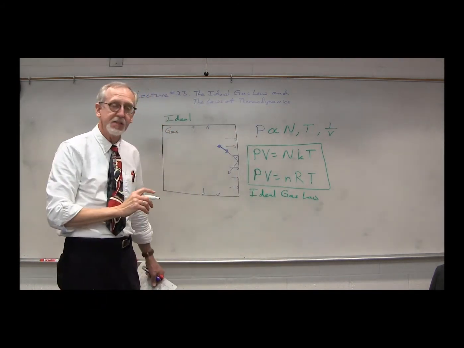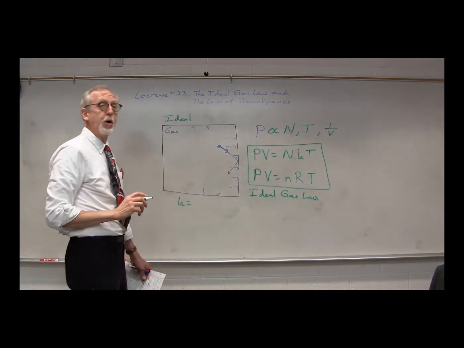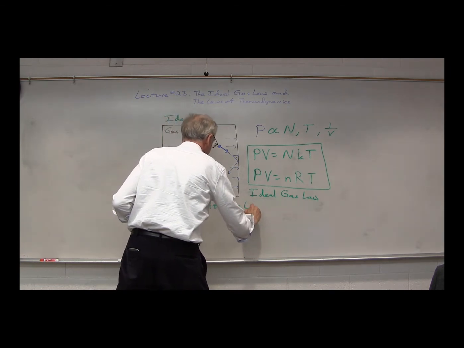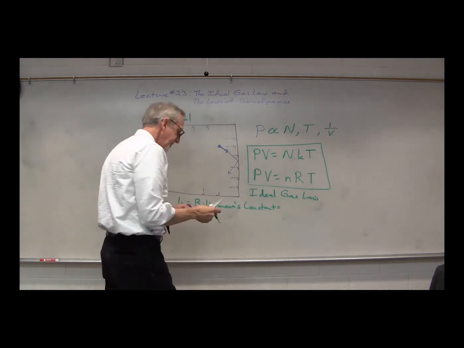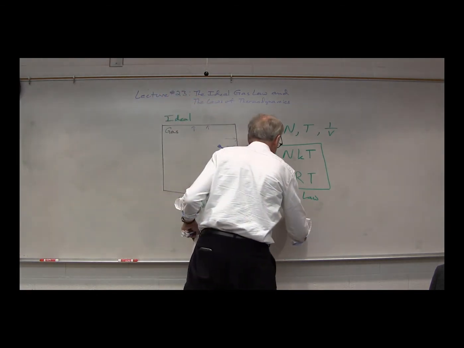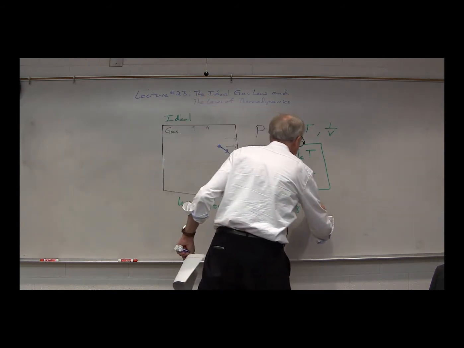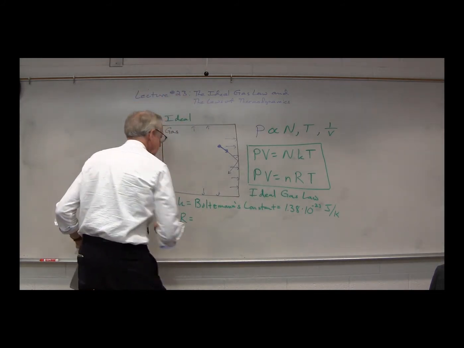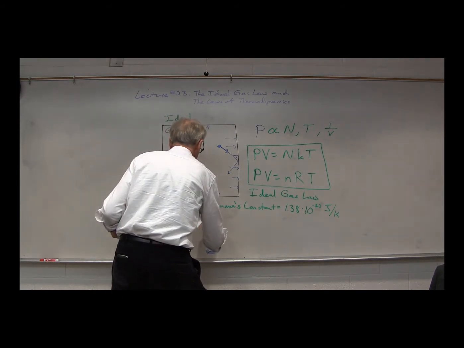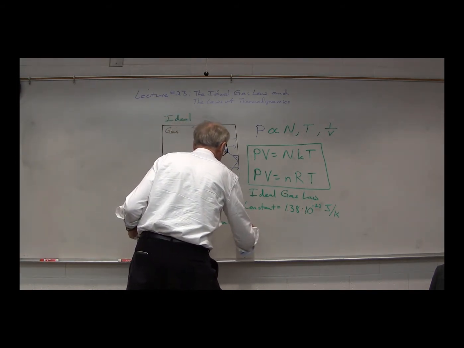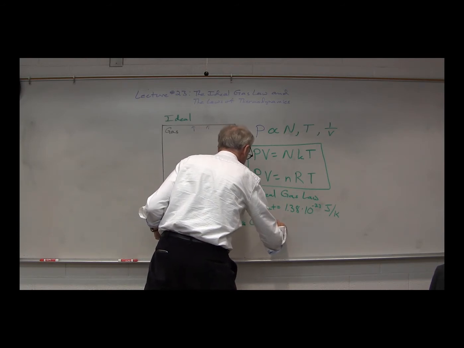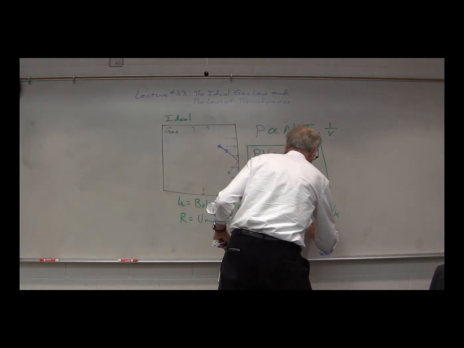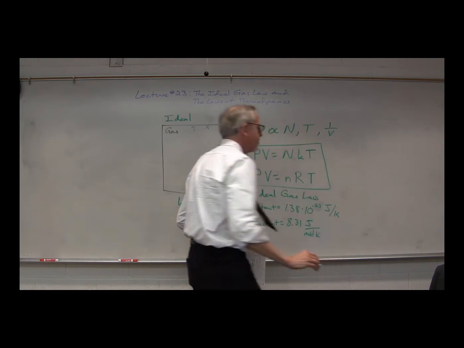Great. Now, the values of these constants are: k, which is called Boltzmann's constant, has a value of 1.38 times 10 to the minus 23 joules per Kelvin, while R, the universal gas constant, has a value of 8.31 joules per mole Kelvin.